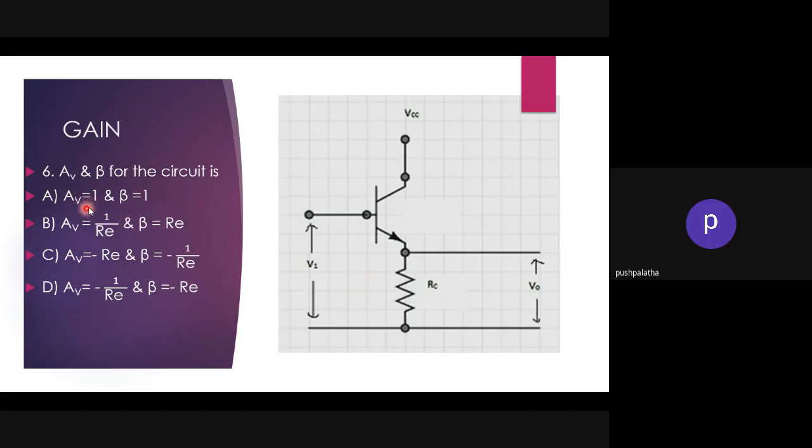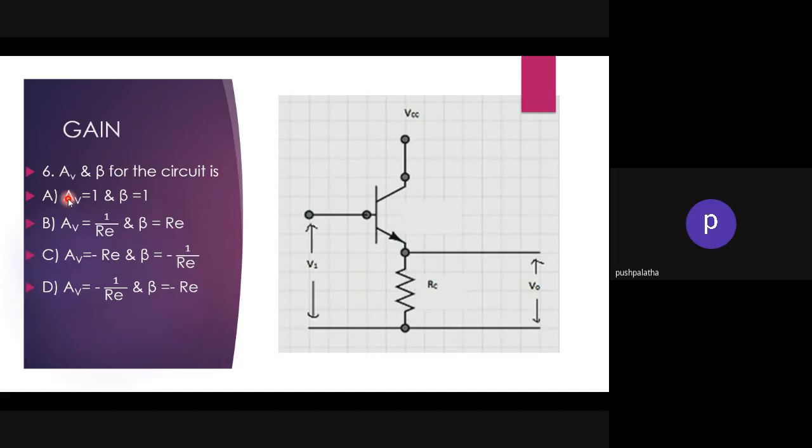Unity gain amplifier, AV equal to 1, right? What about your beta? What is beta? What is your feedback? 1 over gain, right? It is actually 1 over gain. So when it is 1 over gain, your beta is equal to what? It is also 1. So this is my option A.